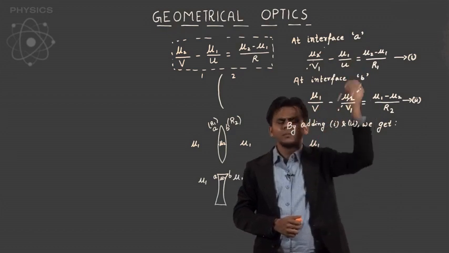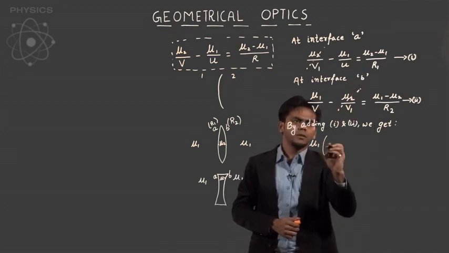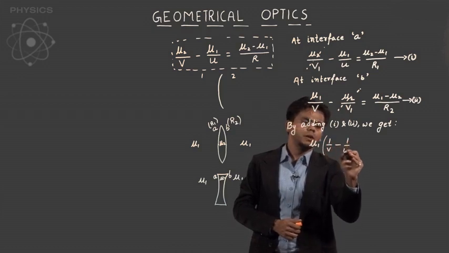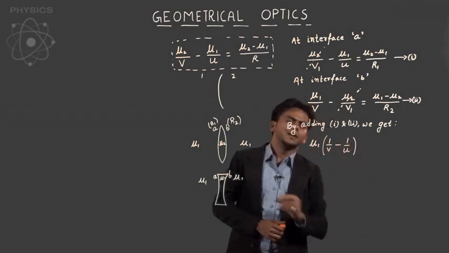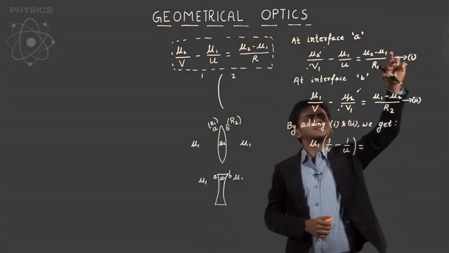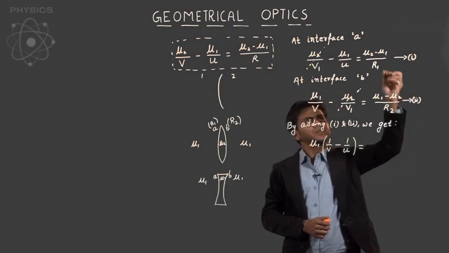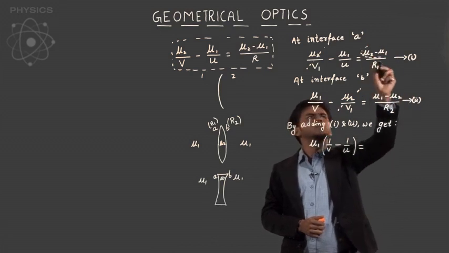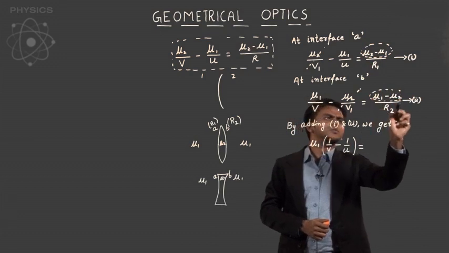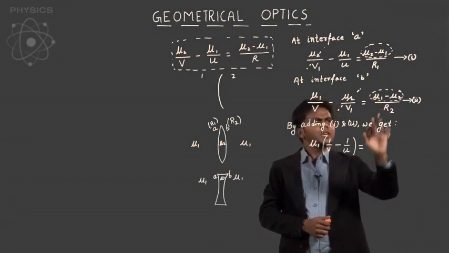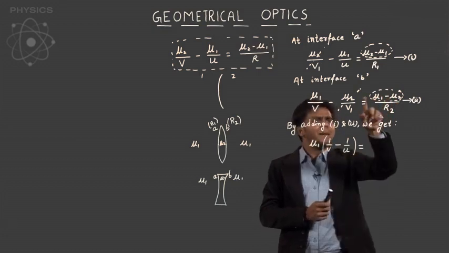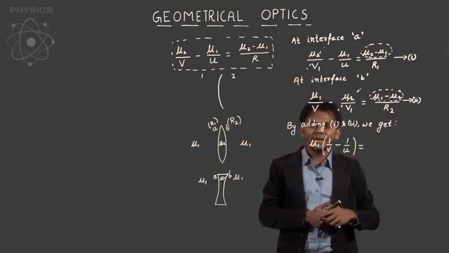I can take mu1 common. Mu1 times 1 by V minus 1 by U is equal to, now if you add this and this, here you have mu2 minus mu1, here you have mu1 minus mu2. If I just invert it through, what I will get is minus of mu2 minus mu1, right?